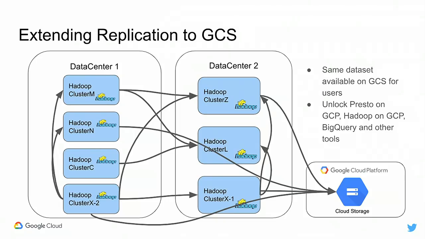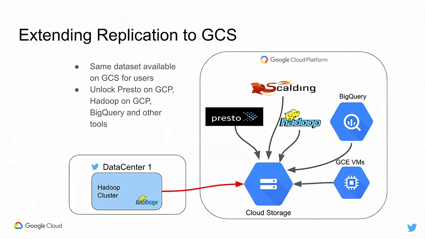The data was spread across multiple different clusters, and we had to replicate all of them to GCP. Once it lands on GCP, we could unlock a lot of tools such as Presto on GCP, Scalding, Hadoop clusters on GCP, and BigQuery. All the data which gets replicated to GCS can be loaded into BigQuery, and then unlock all these different possibilities.